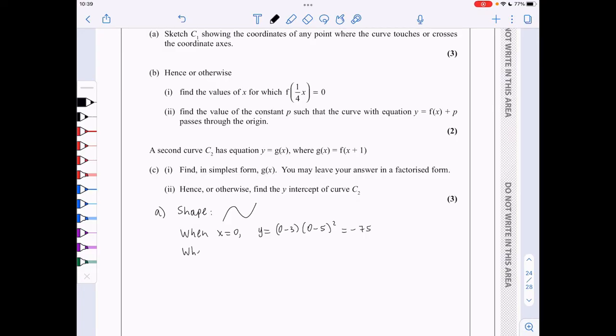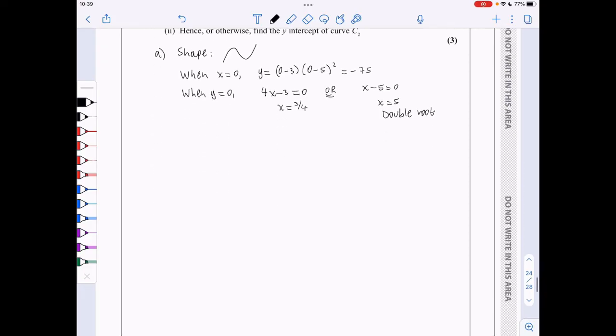When y is 0, we have that 4x minus 3 is 0, or x minus 5 is 0. So either x is 3 over 4 or x is 5, and this is actually a double root. And this is enough information for us to proceed with the sketch.